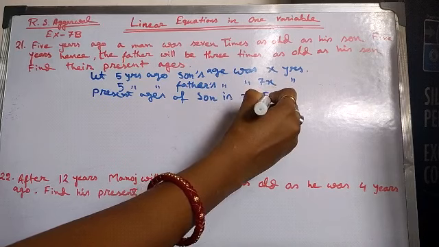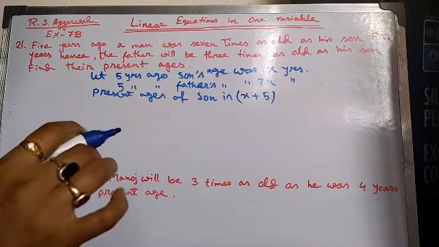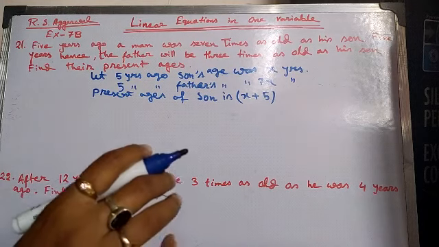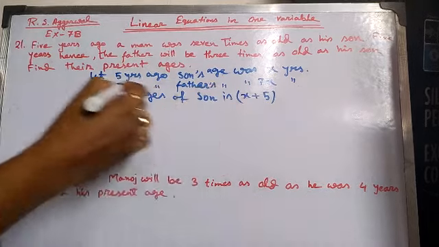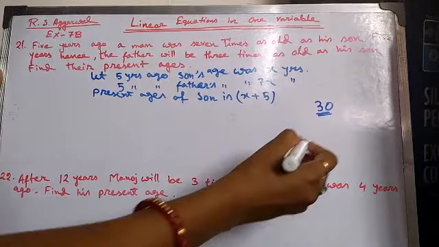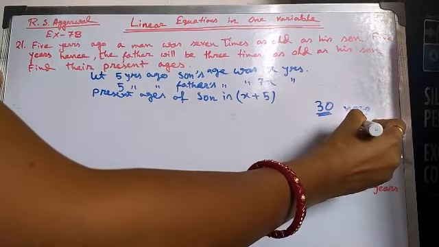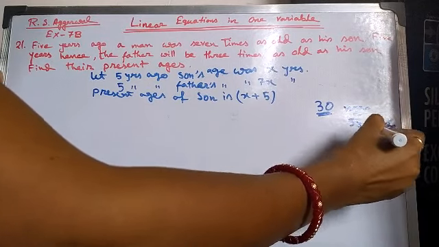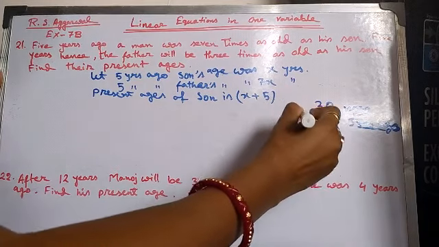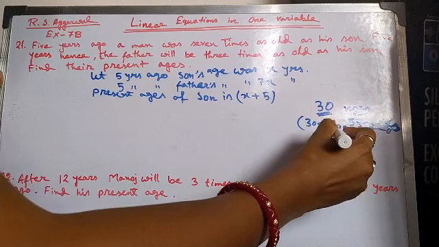x plus 5. Because suppose any person's age is now 30 years, 5 years ago what was the age? 30 minus 5, that means 25 years.